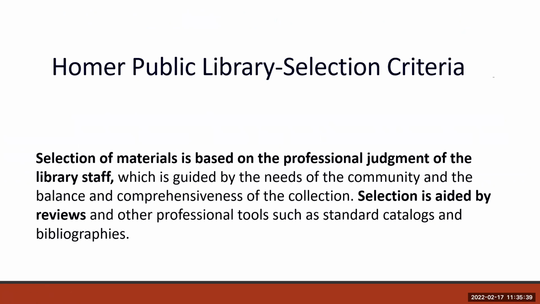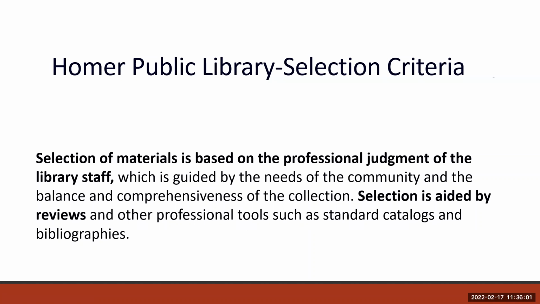Then back to our Homer example, it says selection of materials is based on professional judgment of the library staff. Again, they refer back to, which is guided by the needs of the community and the balance and comprehensiveness of the collection. And then selection is aided by reviews and other professional tools, such as standard catalogs and bibliographies.